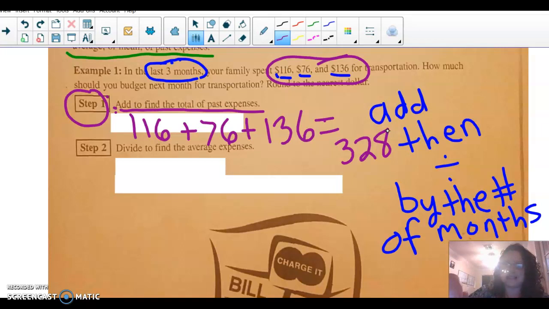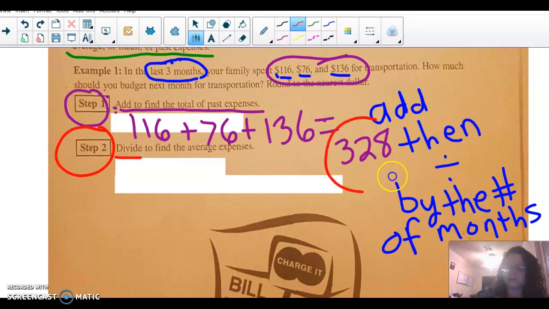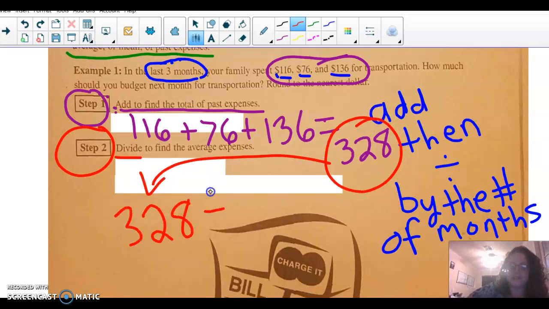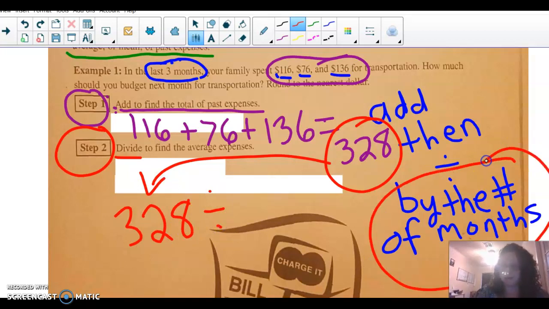On this next step, step two, we're going to divide to find the average. We're going to take the total we just got, 328, and remember, we divide by the number of months. It was 3 months.